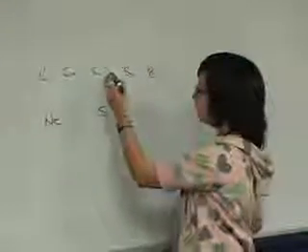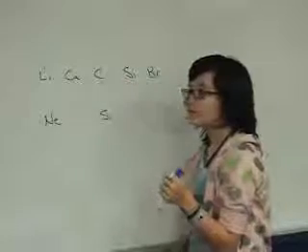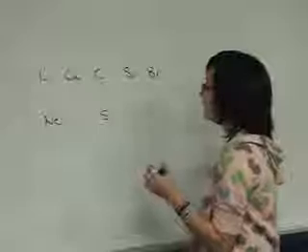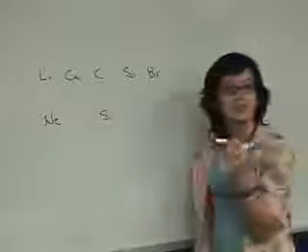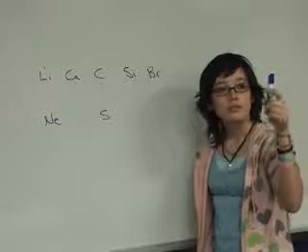And then for carbon, it would be 4 because there are 4 valence electrons. And then for silicon, 4.